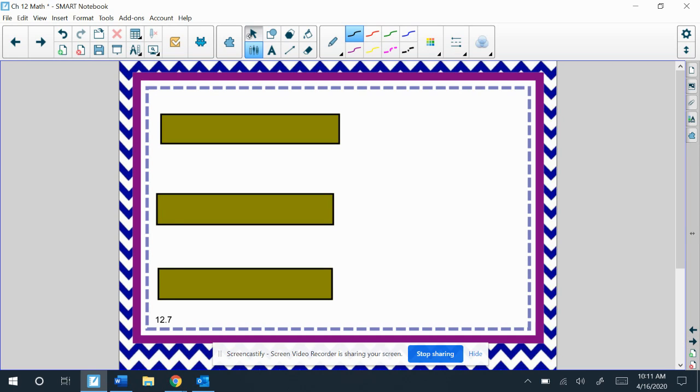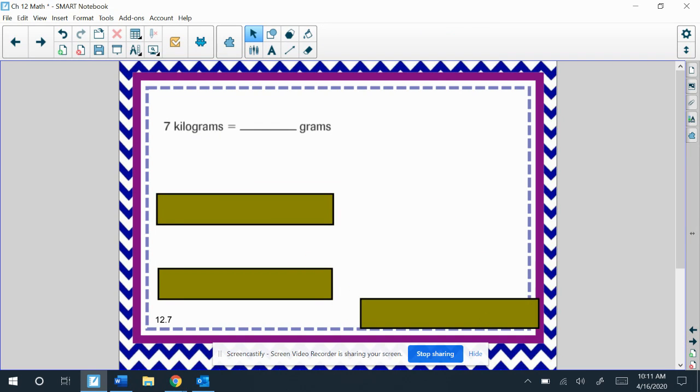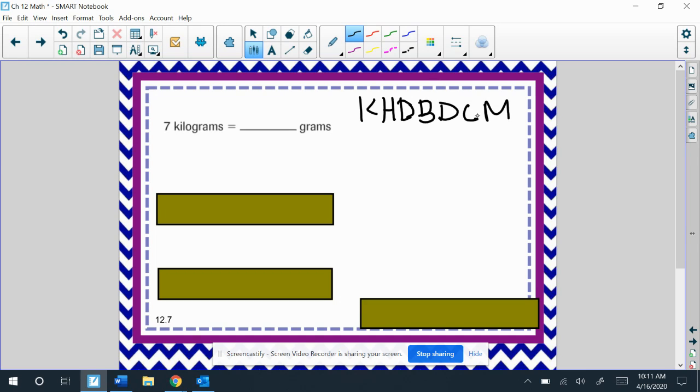Here's another problem. Give it a try. 7 kilograms equals how many grams? Let's see how you did. Get my saying out here. King Henry died by drinking chocolate milk. Okay.